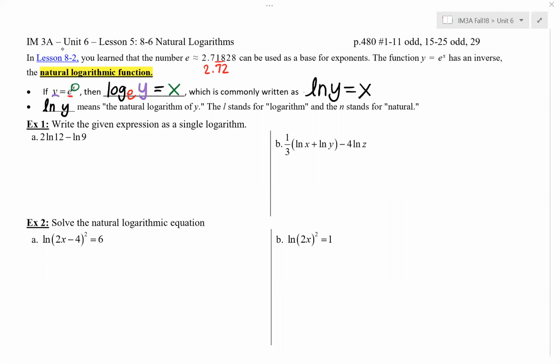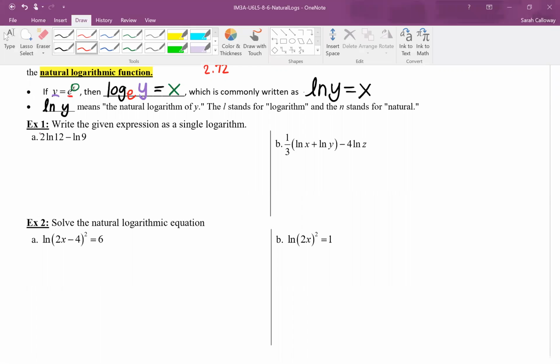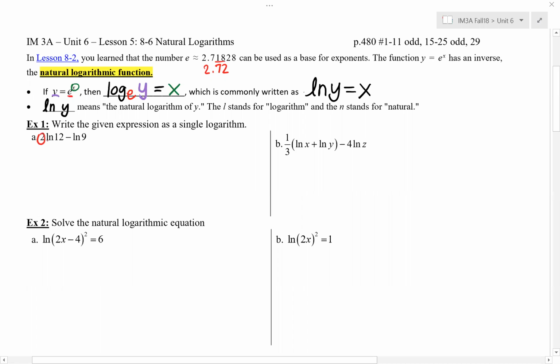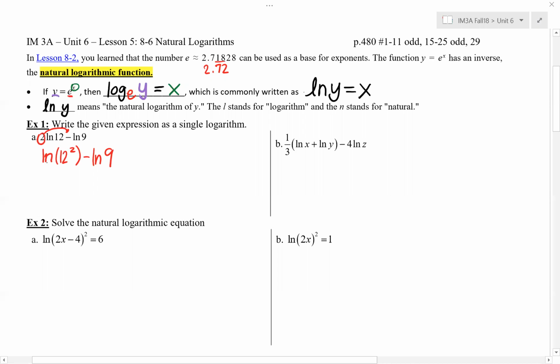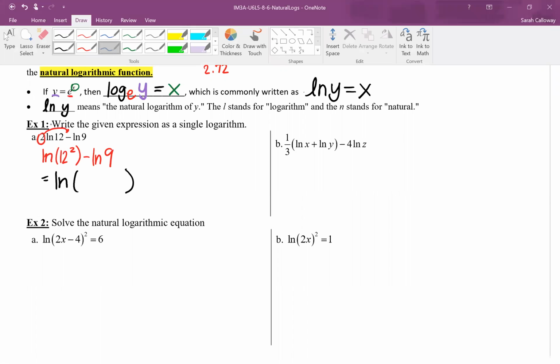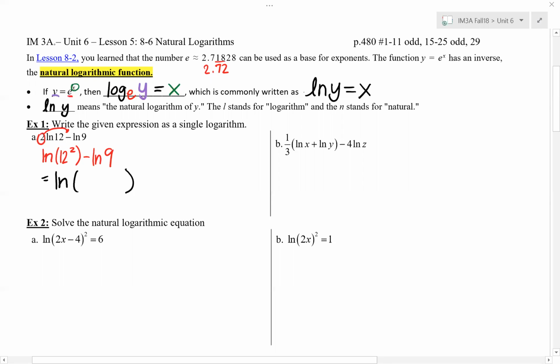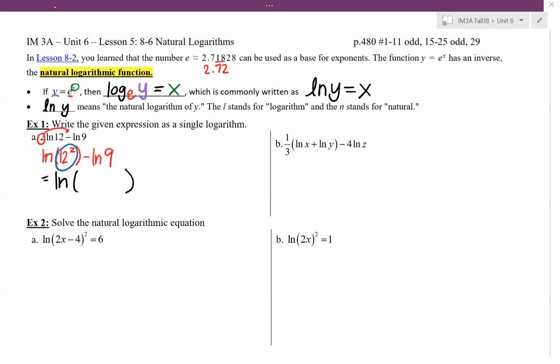If I'm condensing into a single logarithm, remember our first step is to move our powers to become exponents. So we have ln of 12 squared minus ln of 9. After we've moved powers, we want to condense it as a single logarithm.